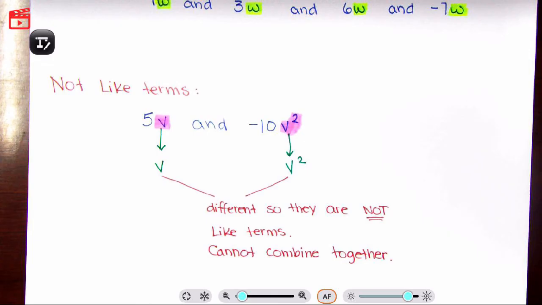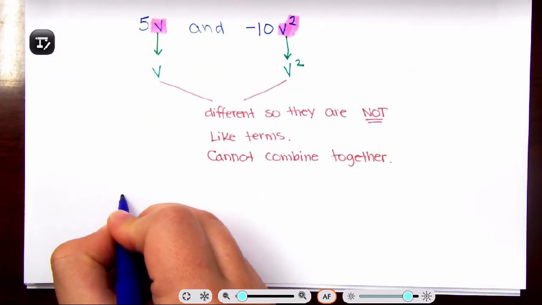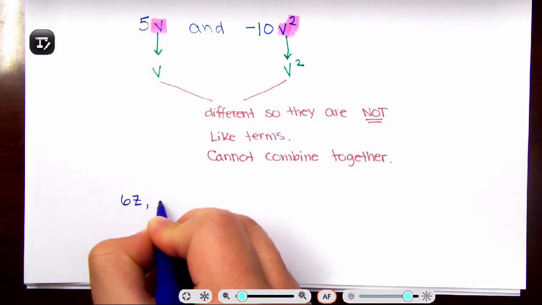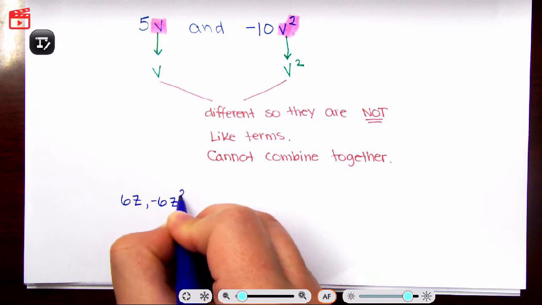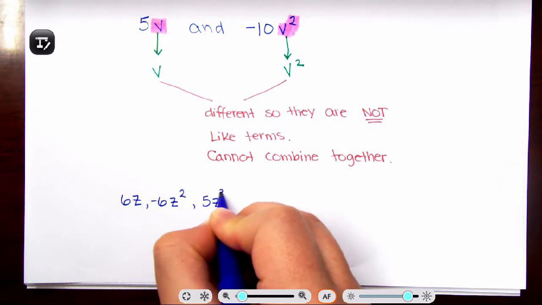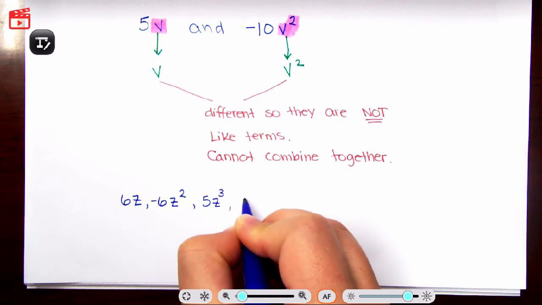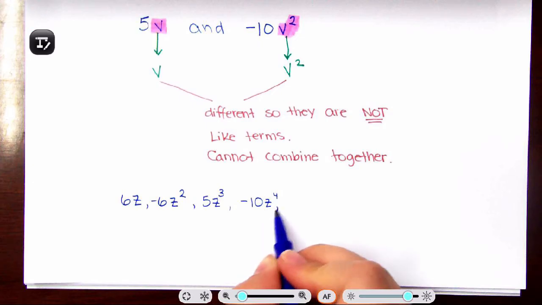Another example of an unlike term could be if I have 6z, negative z squared, 5z cubed, negative 10z to the fourth power, and so on.